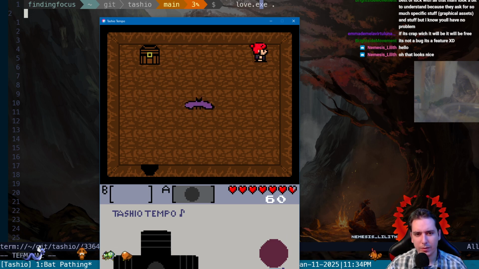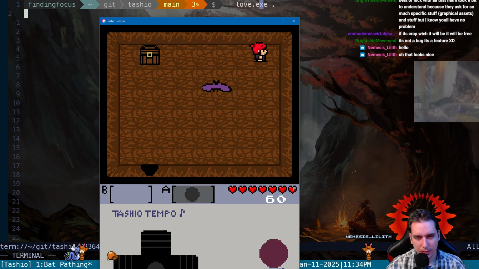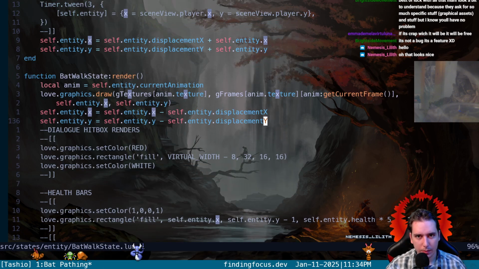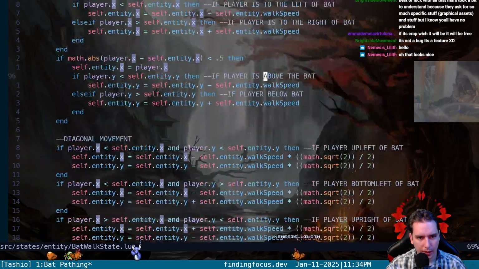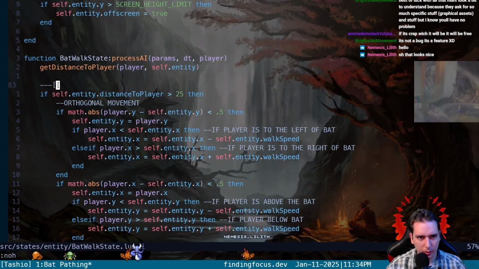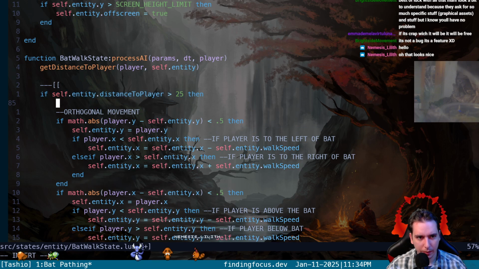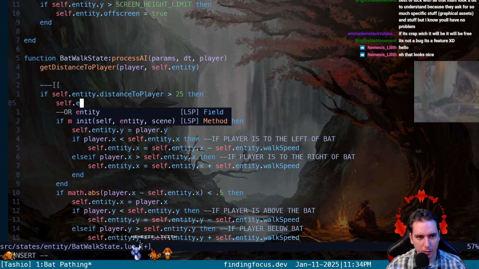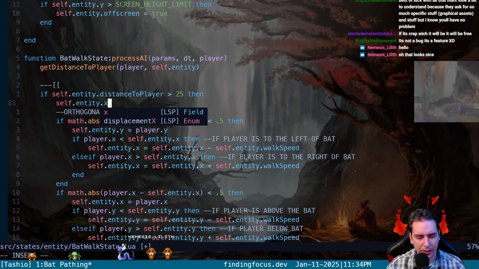We also need to set our displacement. Oh my god, we need to set our displacement as soon as we stop. If we're close enough to the player, we need to reset both displacement values so that we don't accidentally initialize a movement again with a high displacement value, making it look like we jump.